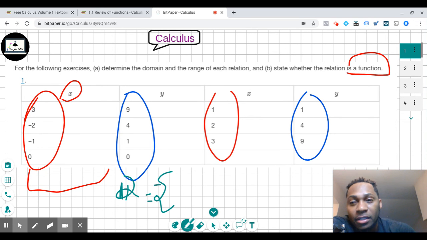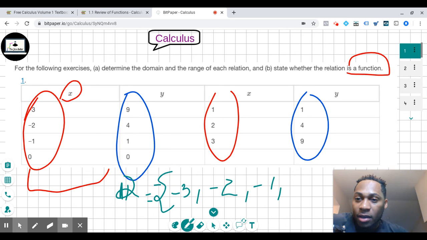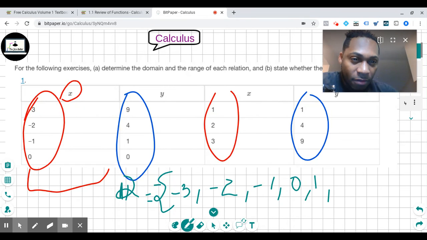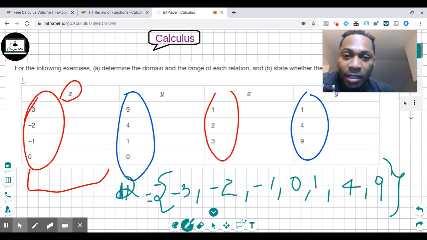all numbers. So these numbers: -3, and you make sure that you don't repeat them, -2, -1, and 0. We also have 1, 2, 3.